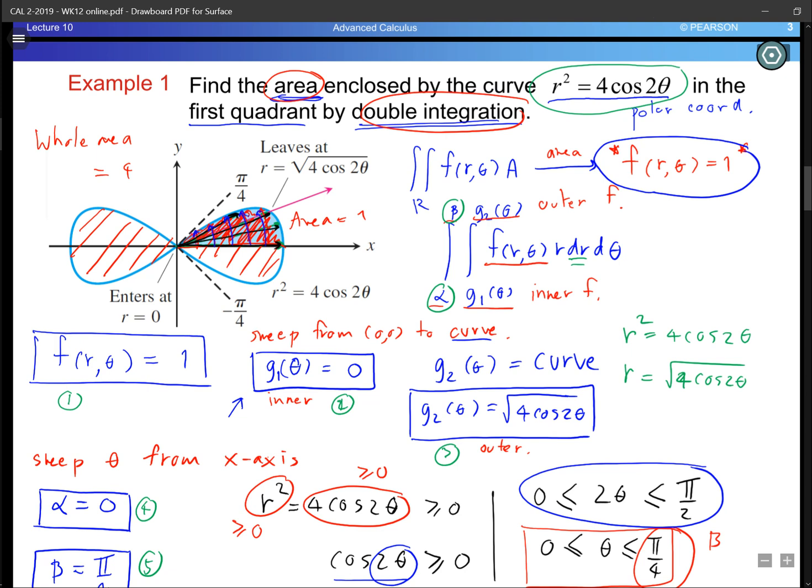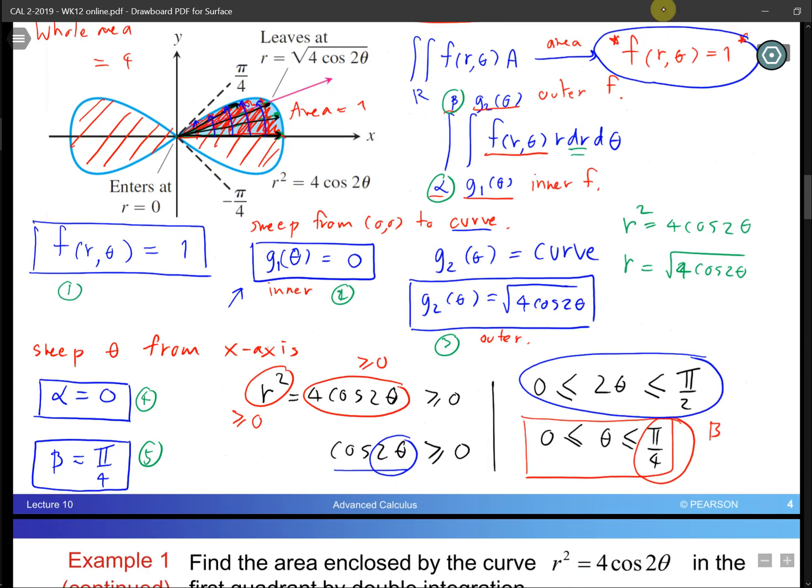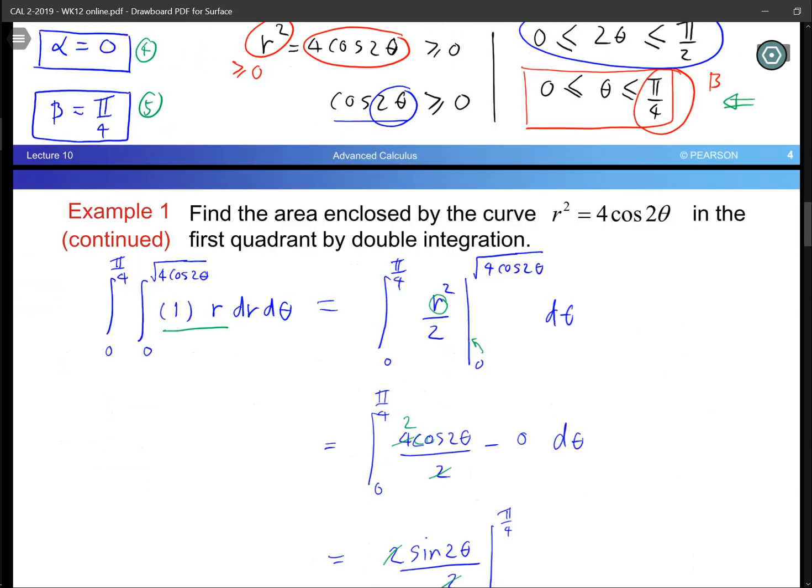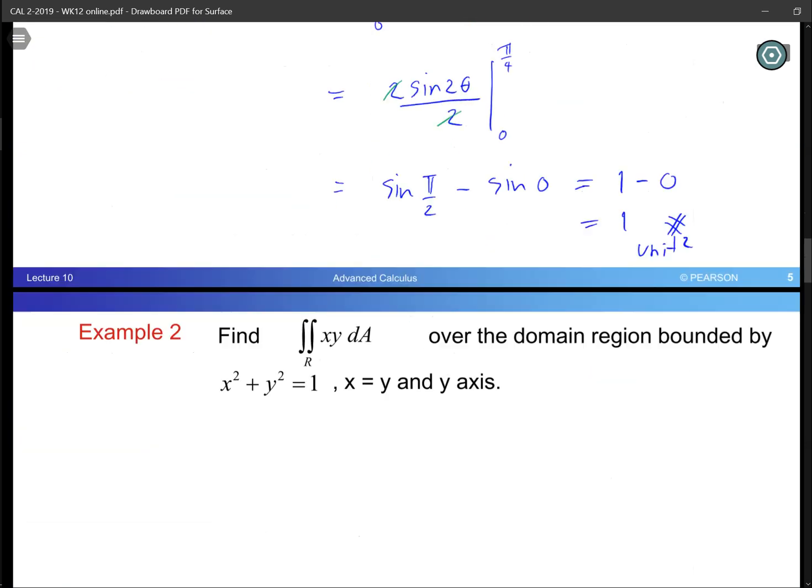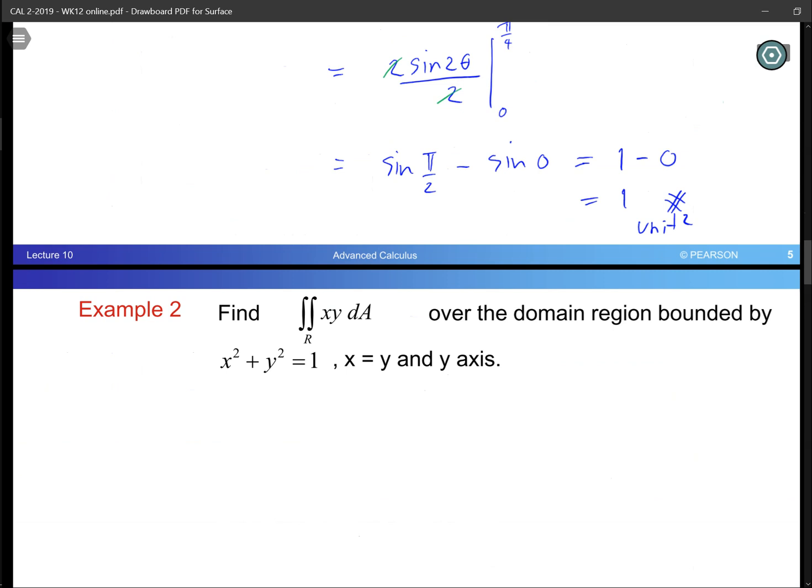And the tricky part is this beta, that you need to do some thinking on in order to get this whole range right here. Okay, but I think it's manageable. Okay, that is example 1.